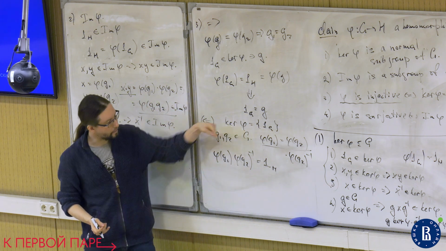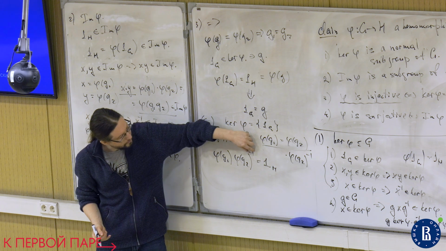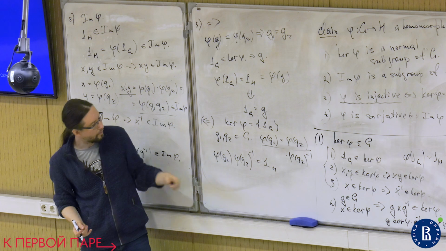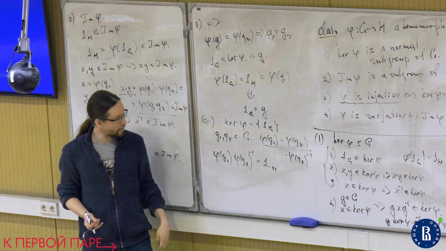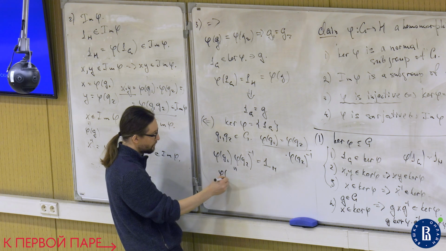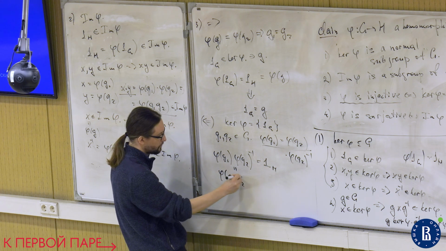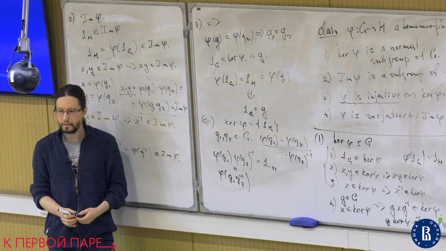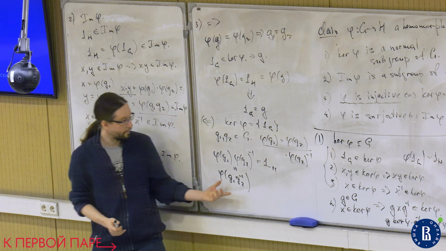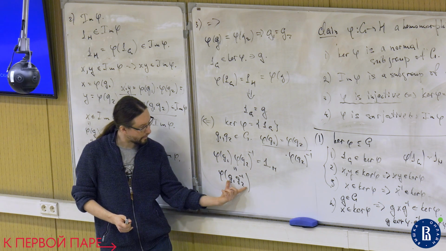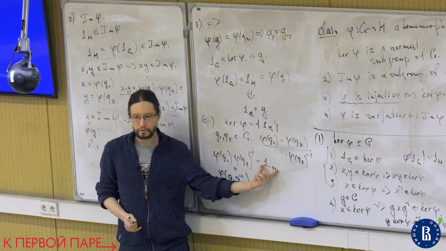But since phi is a homomorphism, we can move this power inside the parenthesis, and then we can multiply these two elements together. So the left-hand side can be rewritten in this form. Is it clear?